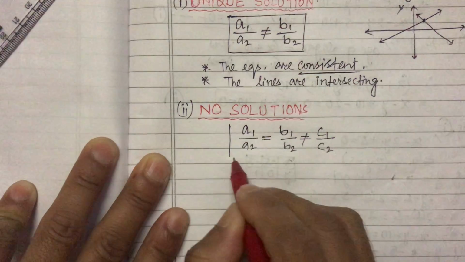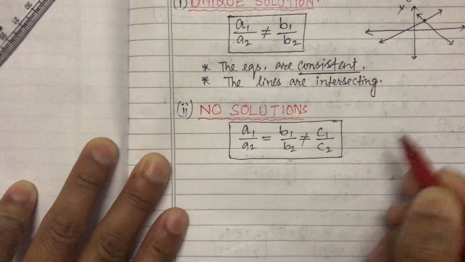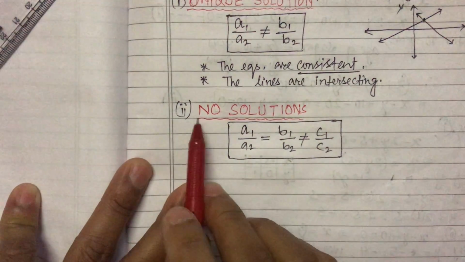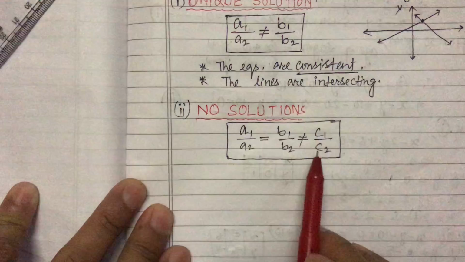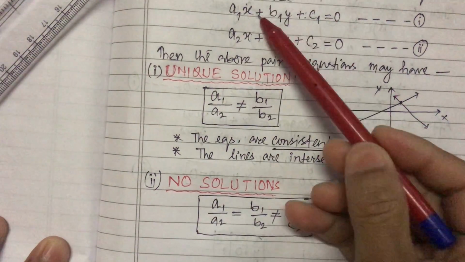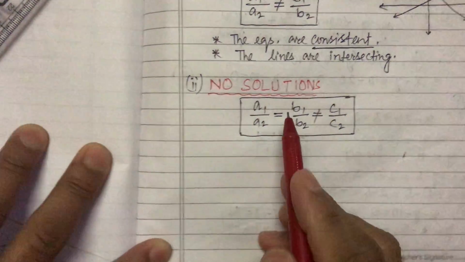So if I get this condition in that pair of equations, then I can say that the equations will have no solution. Means you will never get the values of x and y. So that's why we call it no solution.